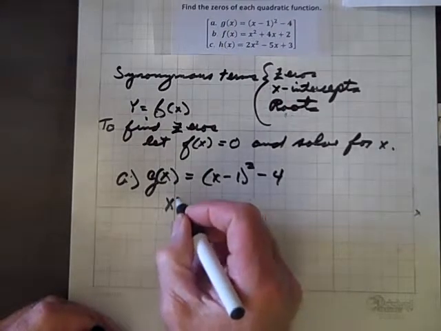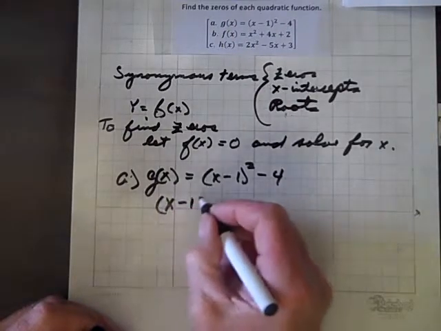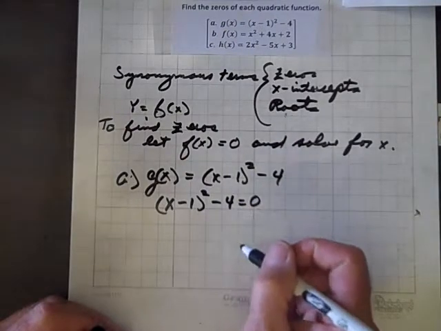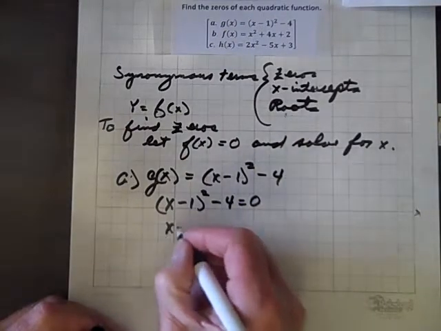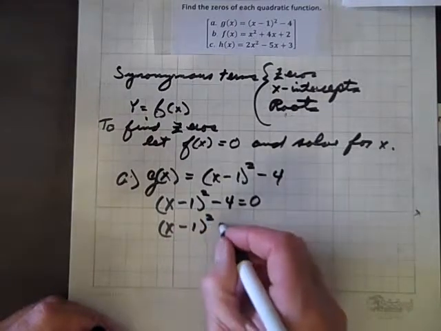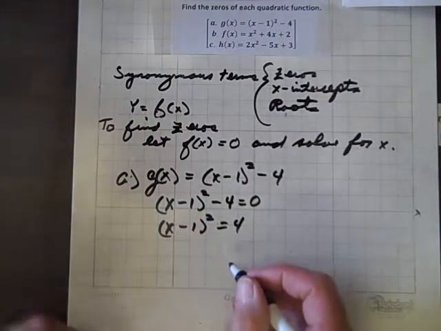So now we have (x minus 1) squared minus 4 equals 0, or (x minus 1) squared equals 4, adding 4 to both sides.